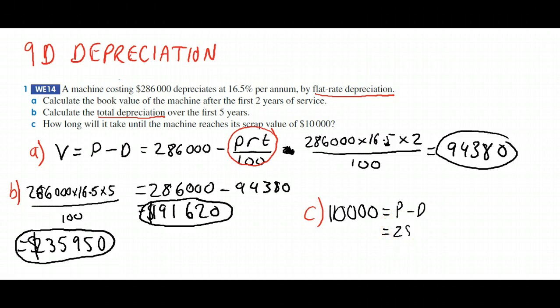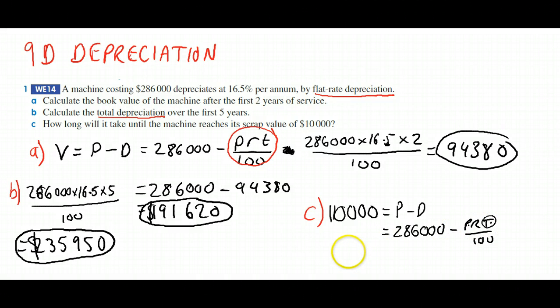And P is still 286,000 minus the depreciation, which we know is PRT over 100, and we're trying to work out what T is, the amount of time. We know what P is, we know what R is, we just need to know what T is.